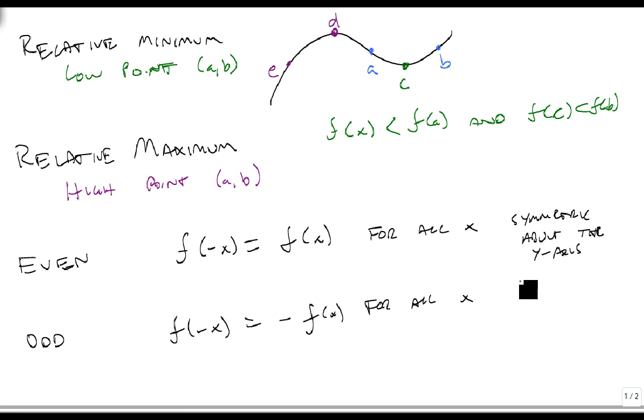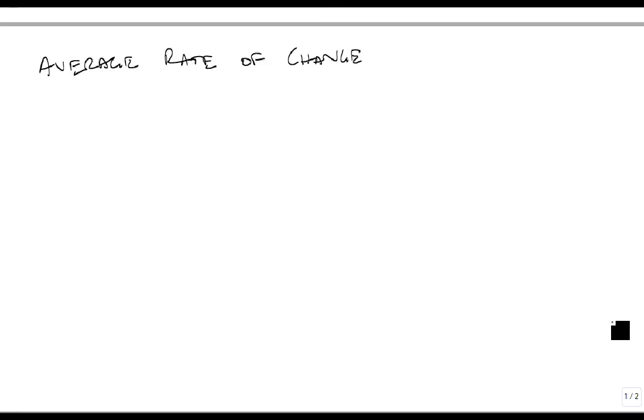In other words, this is symmetric about the origin. And if we keep track of this, and we're going to talk about this later, then this allows us to know something about the graph and helps make graphing it a little bit easier.